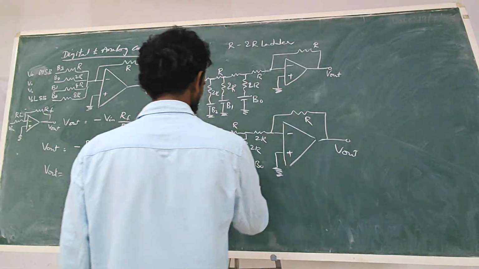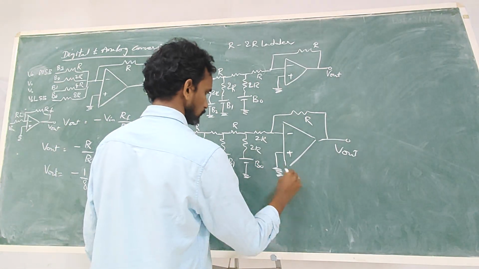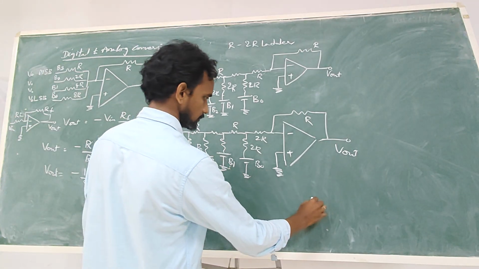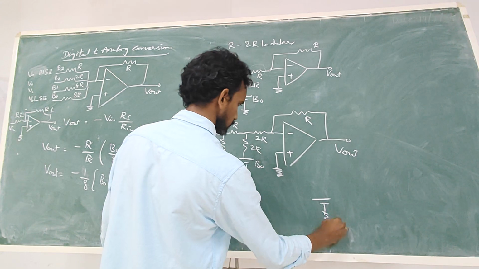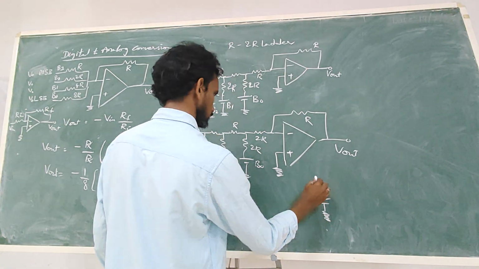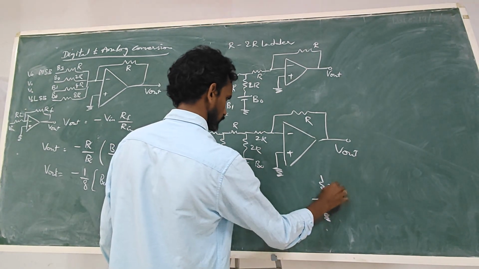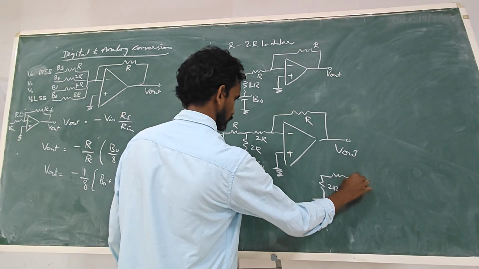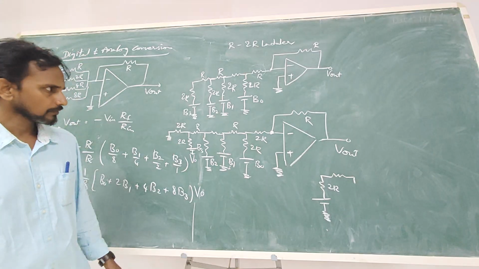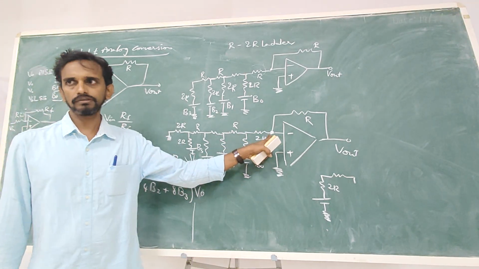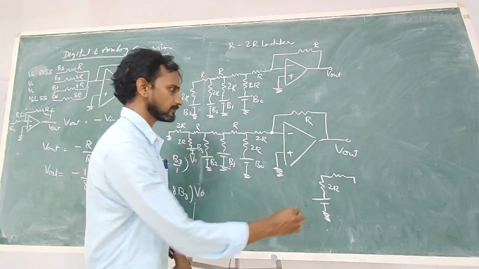So I am considering the first branch here, if I have only one bit. This is the virtual ground for the operational amplifier, which is considered as ground here.